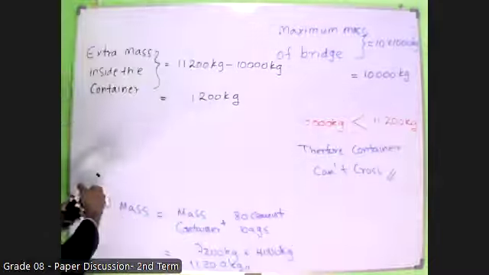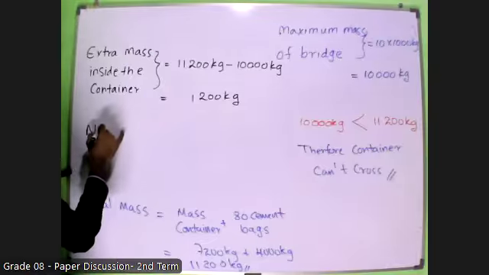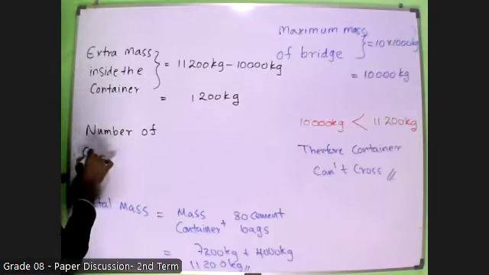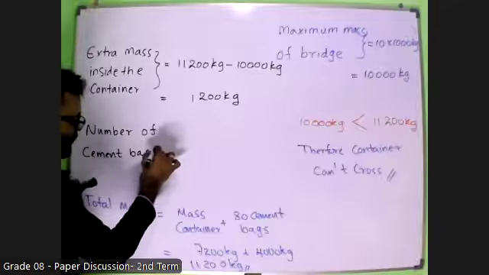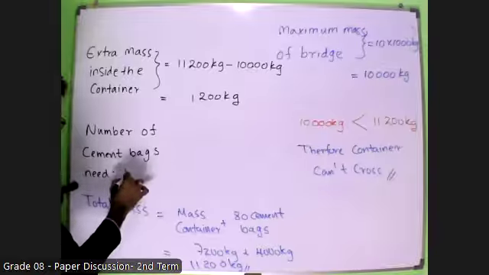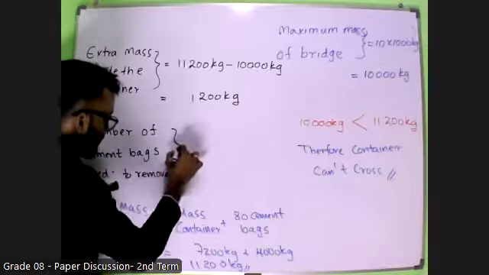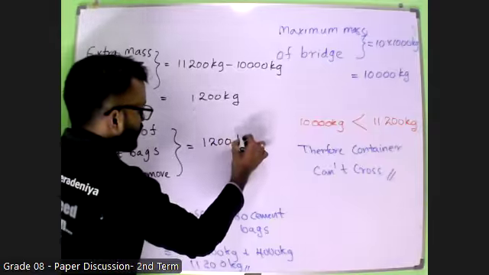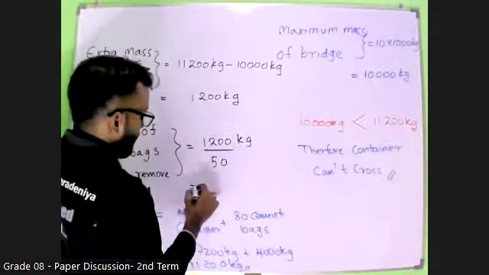Let's find the number of cement bags we need to remove. 1,200 kilograms divided by 50.